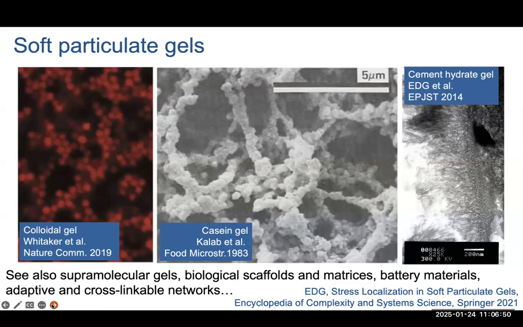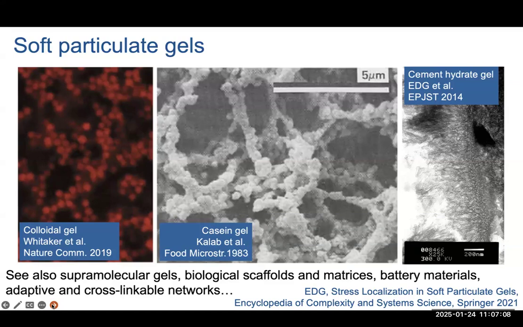In the center, you have a much more extreme version of that, where I have proteins. This is a casein gel, basically yogurt, where you have these globular proteins which form micelles, which then form these large-scale porous structures.